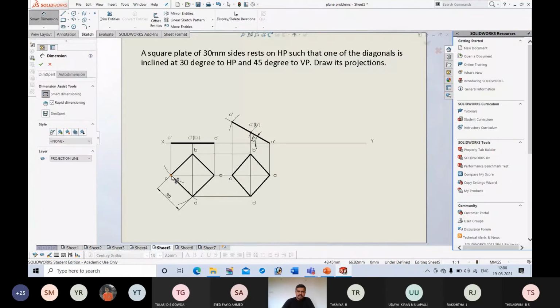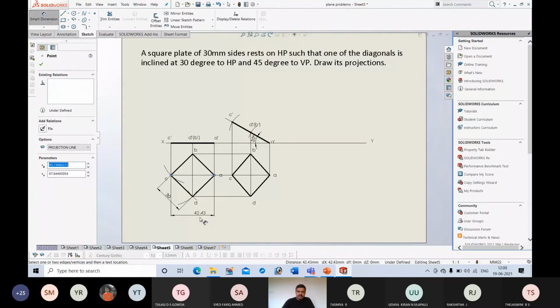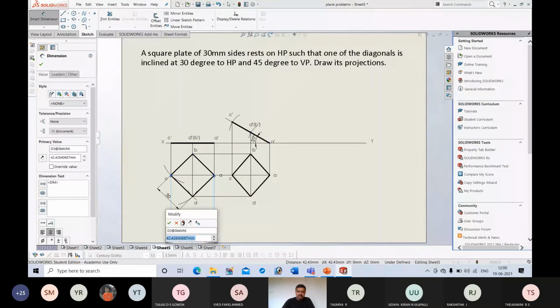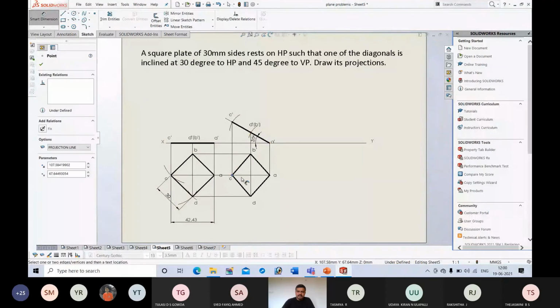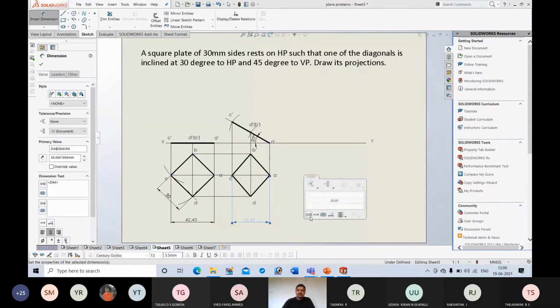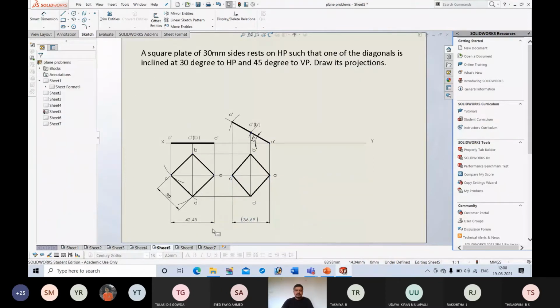Okay, earlier the length of the diagonal CA, it was 42, around 42. Now, because of the inclination, the length of the same diagonal, that is CA, got reduced to 36. Okay, so actual length of the diagonal was 42.43, around 42 mm.